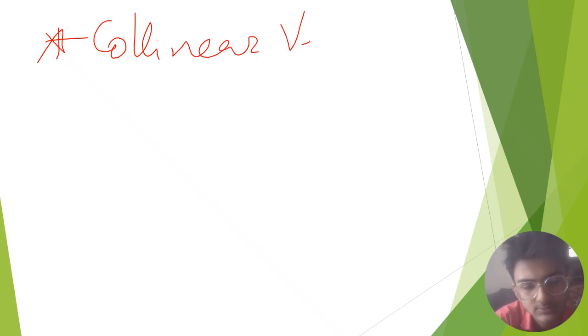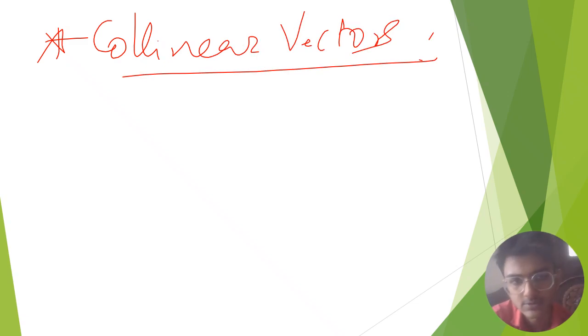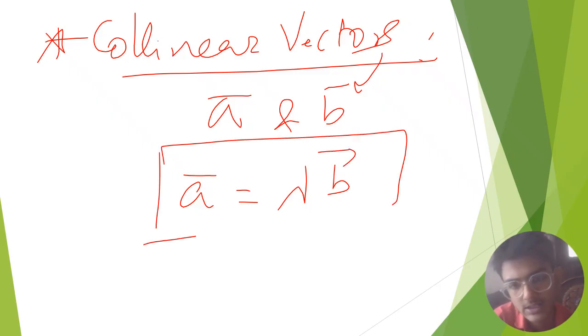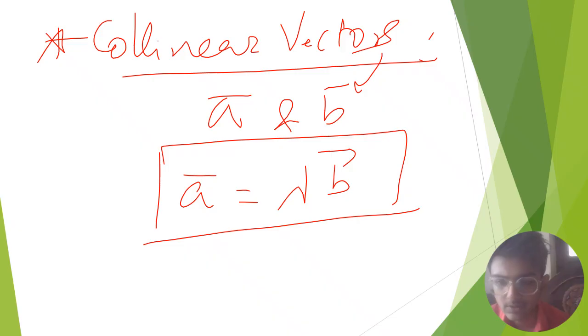Okay. Next comes collinear vector. If you say A and B are collinear vectors, then we can write A in terms of B as a scalar multiple. You can write vector A in terms of B in terms of its scalar multiple.